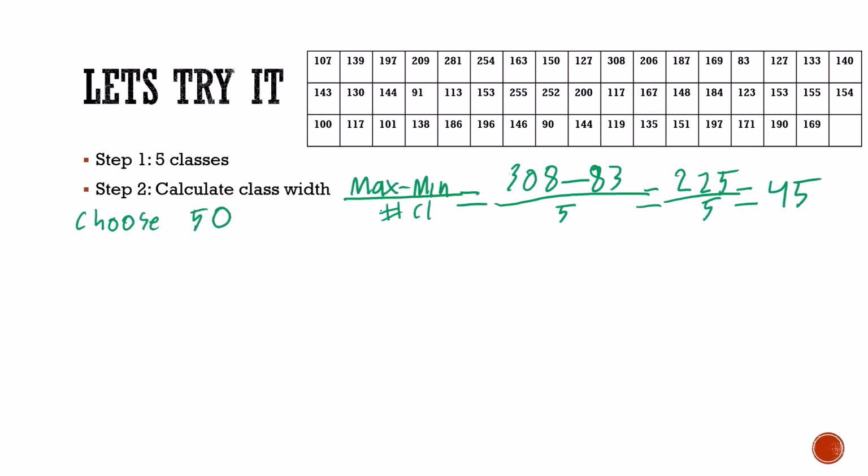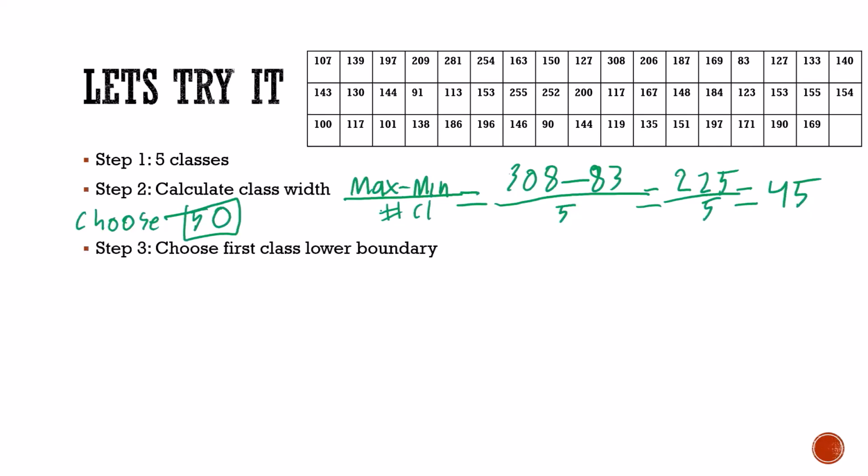All right, so after we choose our class width, we then have to do what for step number 3? Yeah, so we choose the first lower class boundary, right?